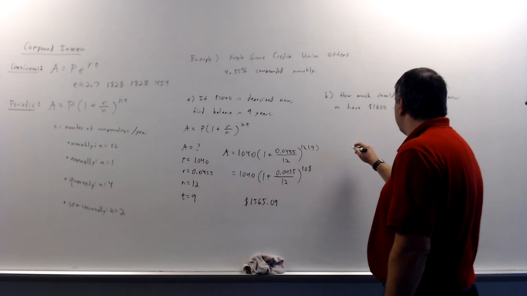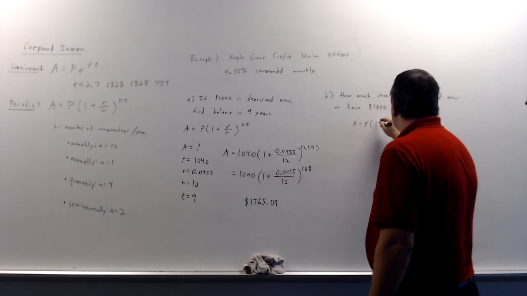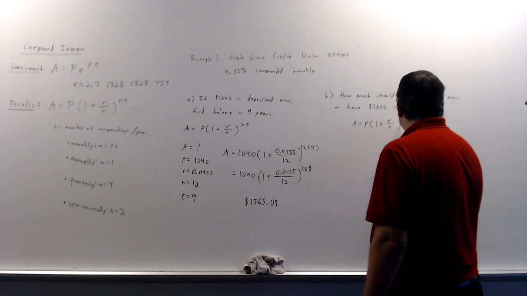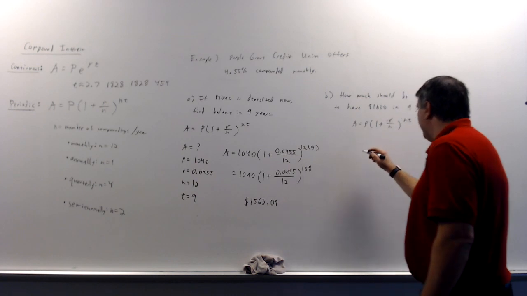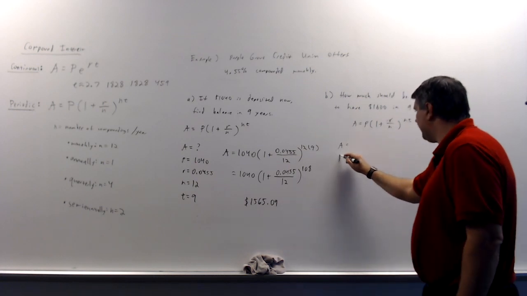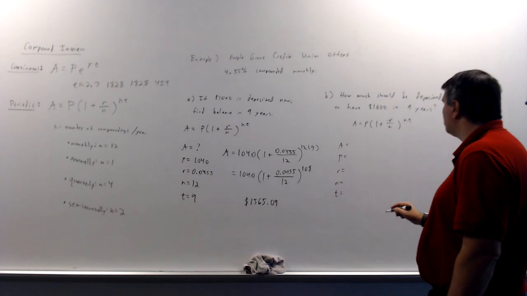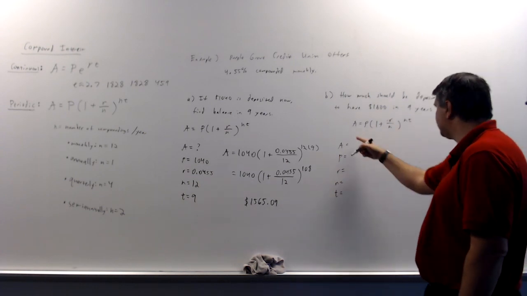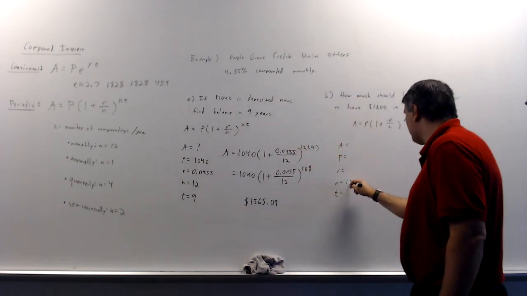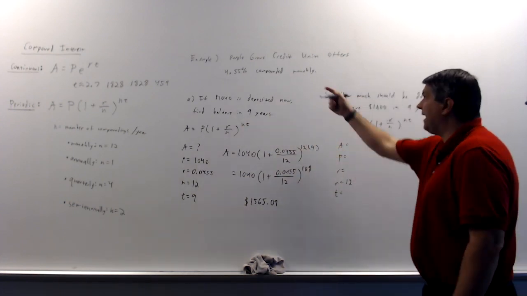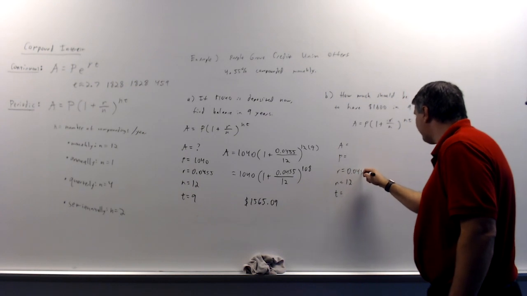Okay, for this one, same formula. A equals, P equals, R equals, N equals, and T equals. The accumulated value is going to be 1600. It's compounded monthly, so N will be 12 throughout this problem. The rate is 0.0455.